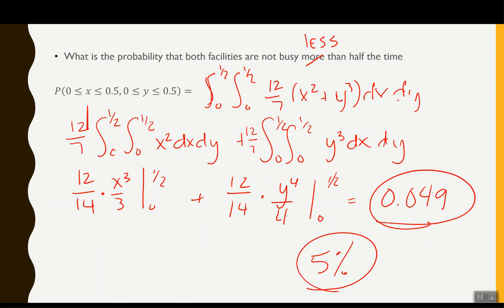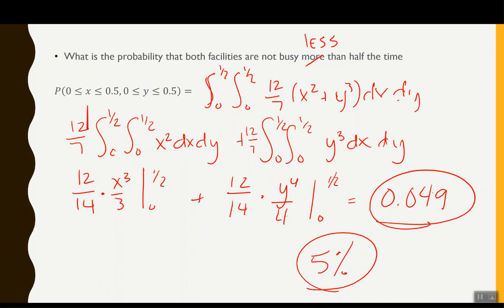So that means that the two of them being used at the same time for less than half the time is 5%, meaning that the other 95% means that they're being used more than that. So that's good to know when we're thinking of which options or how busy are both of them.